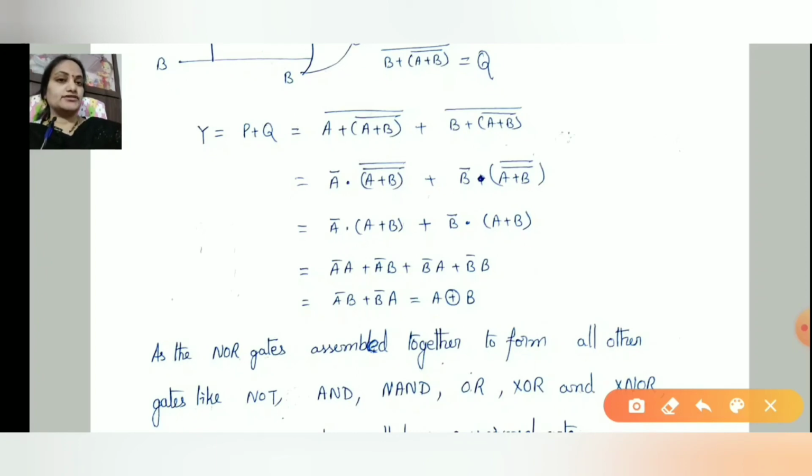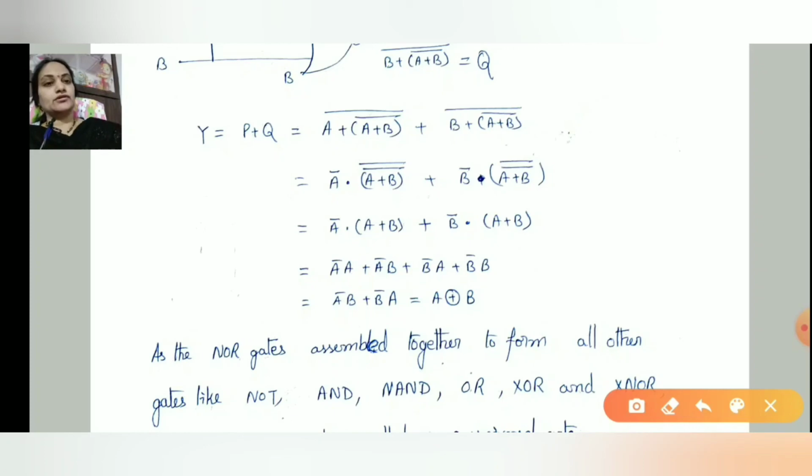Substitute these values and you will get the terms like this. Now carefully observe the two expressions. For both expressions you are getting whole bar. That means you can use De Morgan's theorems.